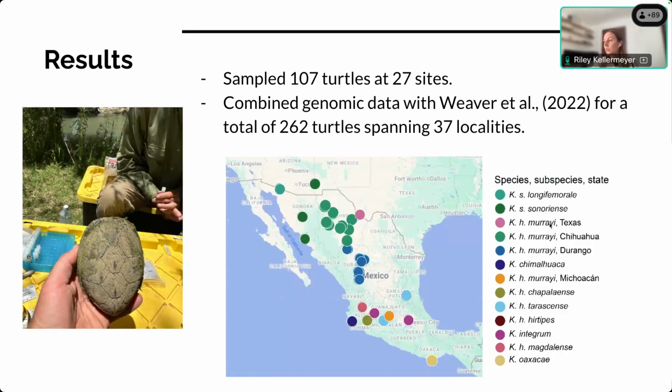This includes both Kinosternon hirtipes murrayi populations, Texas, Chihuahua, Durango, and down in the Trans-Mexican Volcanic Belt in Michoacan, as well as the other subspecies, excluding, of course, megacephalum, which is now extinct, and a handful of other Kinosternon species for good comparisons.